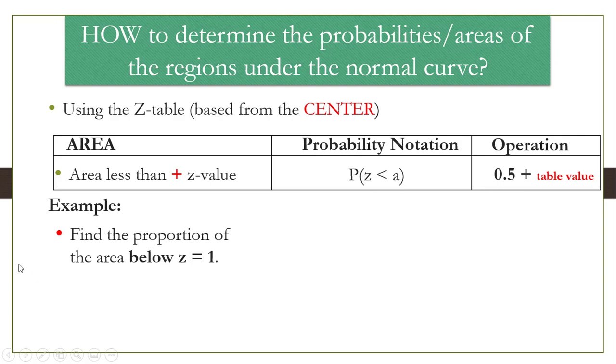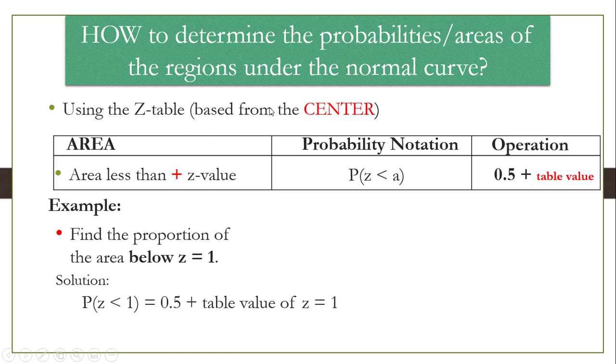We use the notation: the probability that Z is less than 1 is equal to 0.5 plus the table value of Z equals 1. We refer to the corresponding value of Z equals 1 in our Z table based from the center.